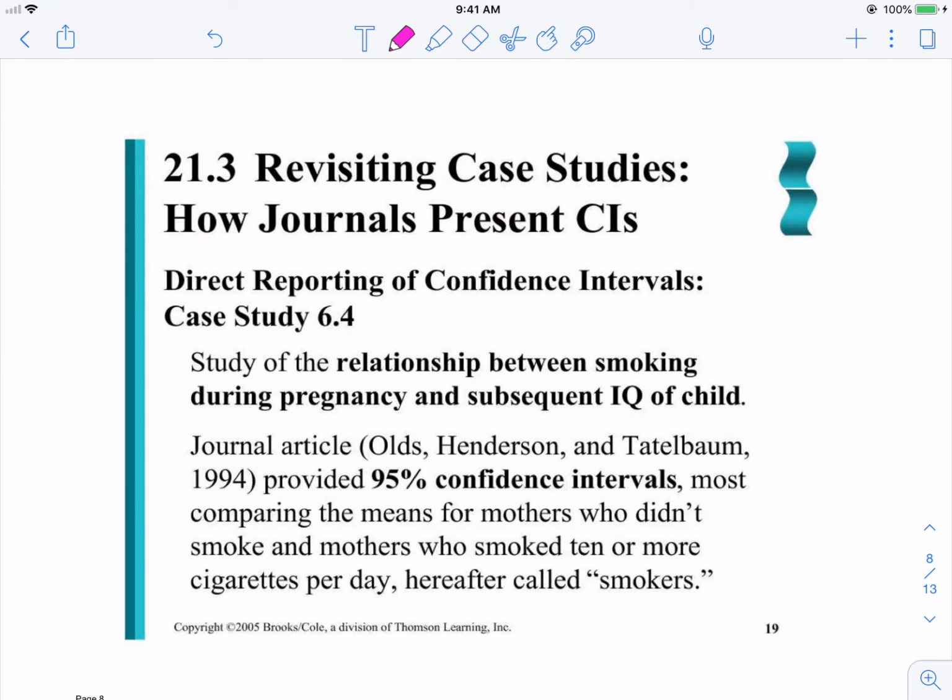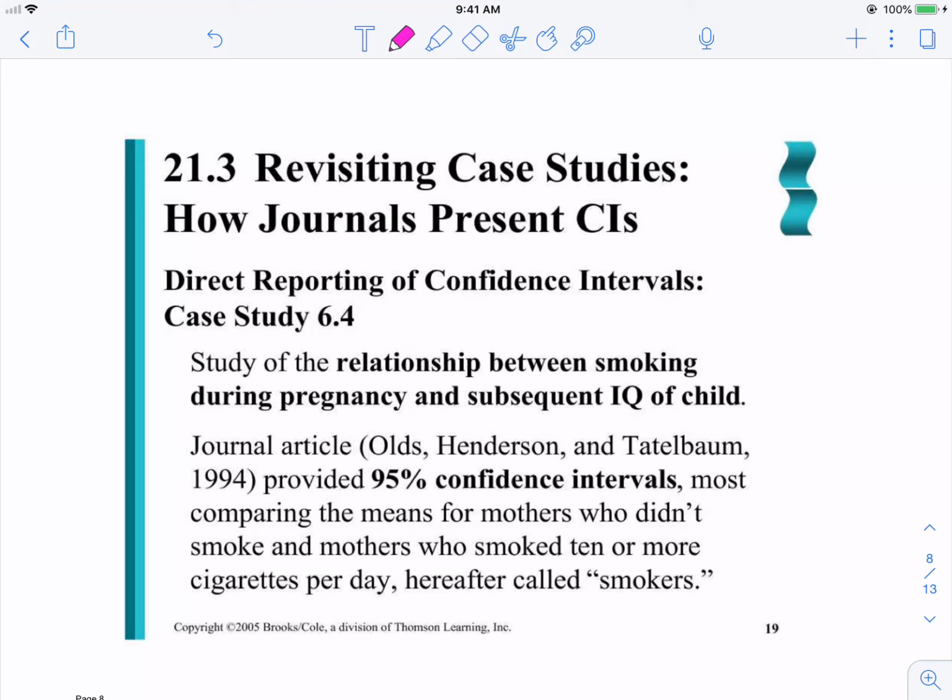So we have a couple examples here that I just want to go through and emphasize the interpretations of their confidence intervals when you're looking at the difference of two means. So we're going to go back to a case study that we've talked about a lot this year. This is the mothers who smoke during their pregnancy and the subsequent function of the child a few years after birth, particularly the subsequent IQ of the child.